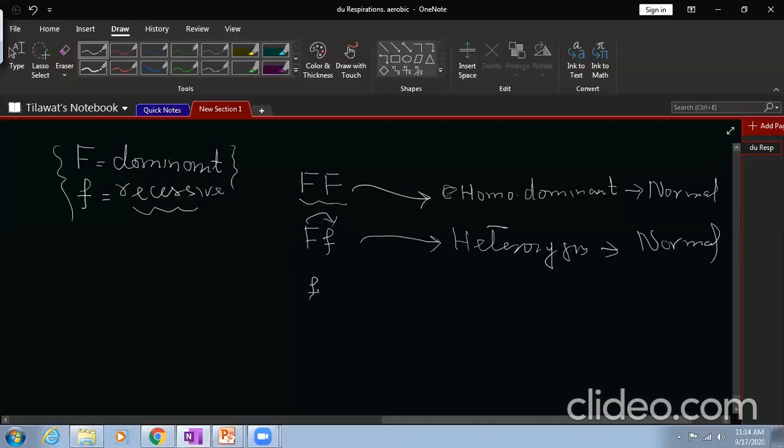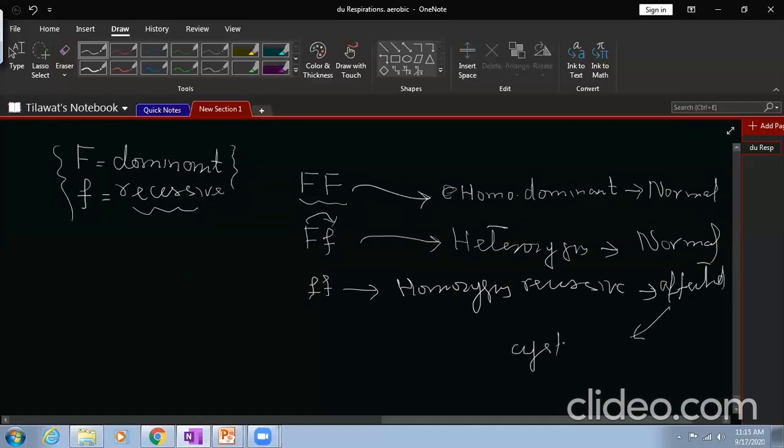While if a person has f f, the condition is homozygous recessive. In this case, this person is affected. It means this person has cystic fibrosis. Am I clear up to here?